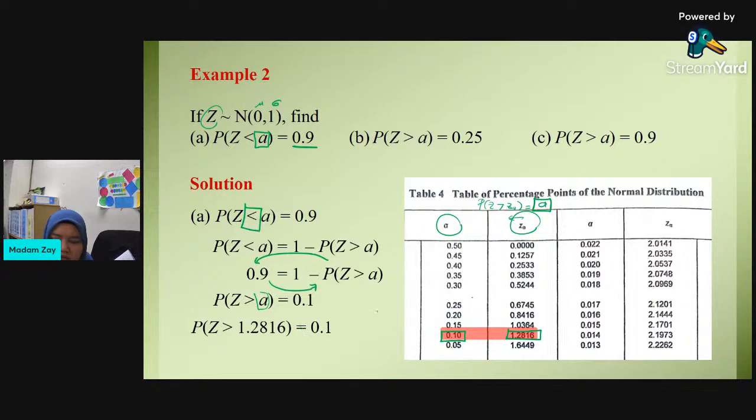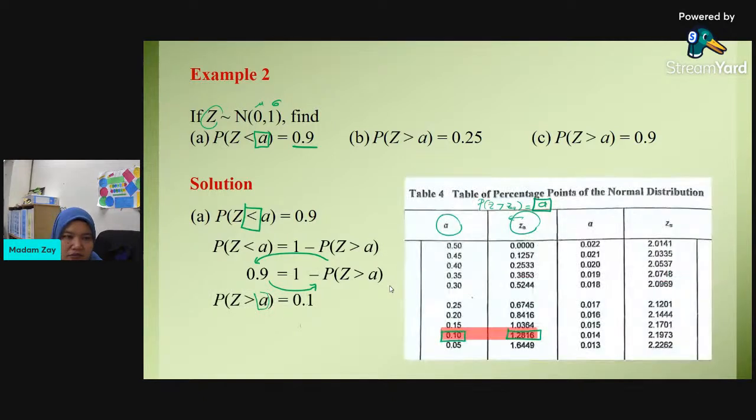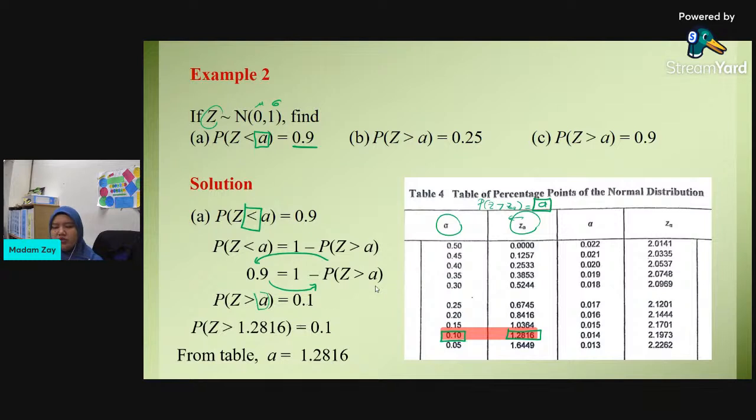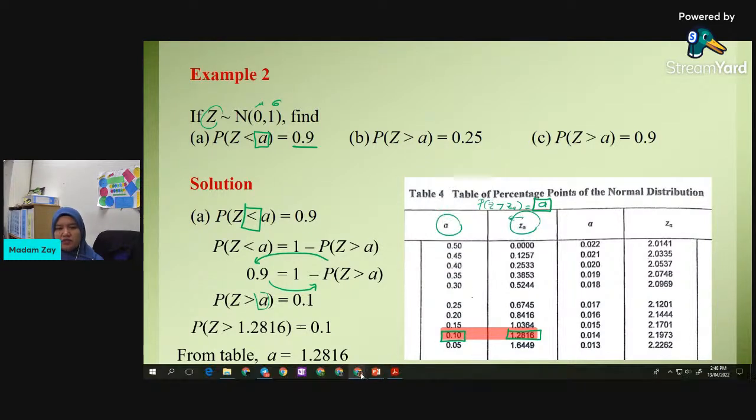Okay, so what can we say here? The conclusion? From the table, A is equal to 1.2816.